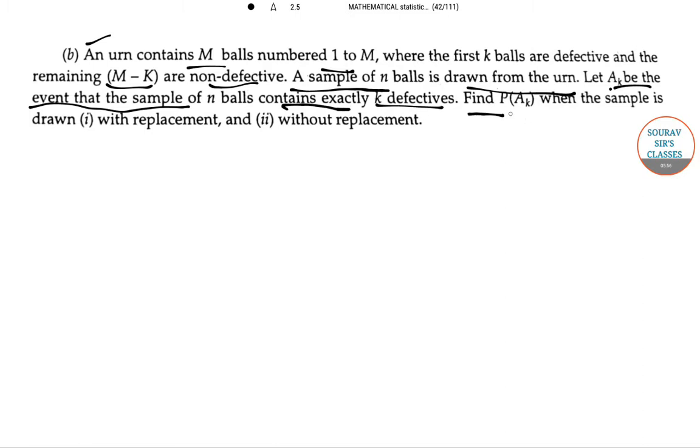Now we have to find the probability of A_k, that is, the event that the sample of n balls contains exactly k defectives when the sample is drawn, one, with replacement and two, without replacement. First I'll ask you to go through this question for a minute so that I'll be able to solve it.